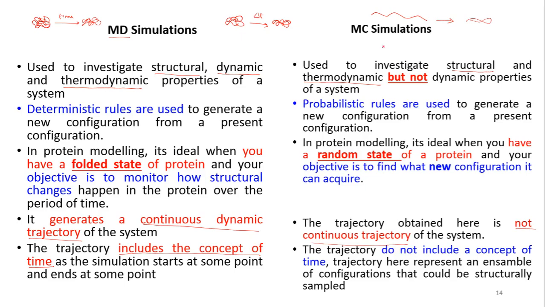In simpler words, the frames you will see in a Monte Carlo trajectory are just a collection of states of a protein that are thermodynamically and kinetically accessible. Let me show you a Monte Carlo trajectory and compare it with the MD simulation trajectory.